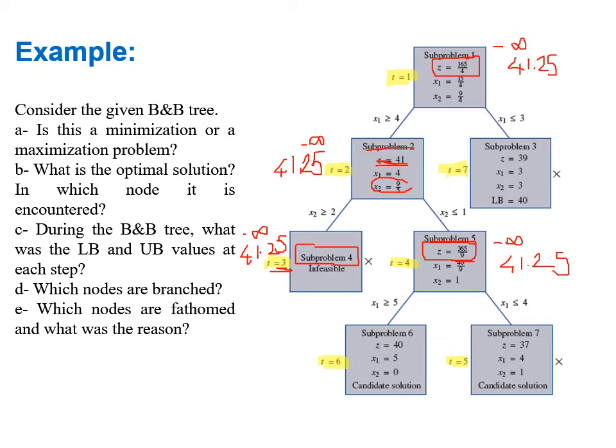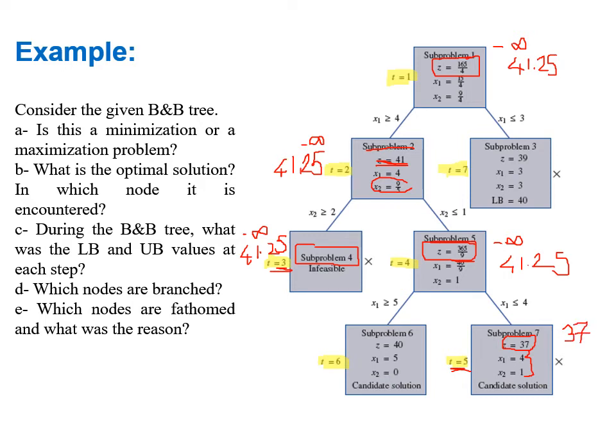Okay, then the next node that we explore is subproblem 7, and when we solve it, we come up with an integer feasible solution, a candidate solution. It means that we compare the objective function value of this one with the previous, which is minus infinity. Since this is a maximization problem, 37 is better than minus infinity, so our lower bound becomes 37.